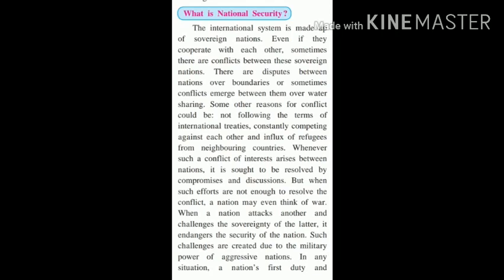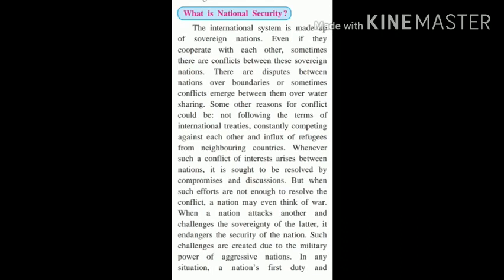When a nation attacks another and challenges the sovereignty of the latter, it endangers the security of the nation. Such challenges are created due to the military power of aggressive nations. Suppose one country is attacking the other, then the independence of that country is in danger. So it will challenge the sovereignty of that country, and it will also attack the security of that country. And who can attack?